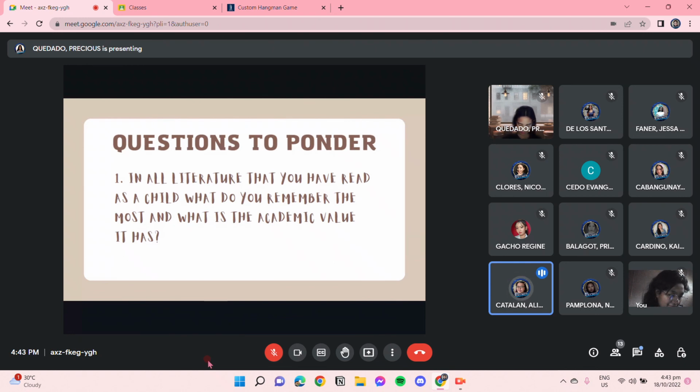Wait, the Abacada, its academic value is reading and writing. But in other cases, with the Ugly Duckling, I became more fond of it, or I engaged more, when there were pictures. Because in the eyes of a child, it's so bright.